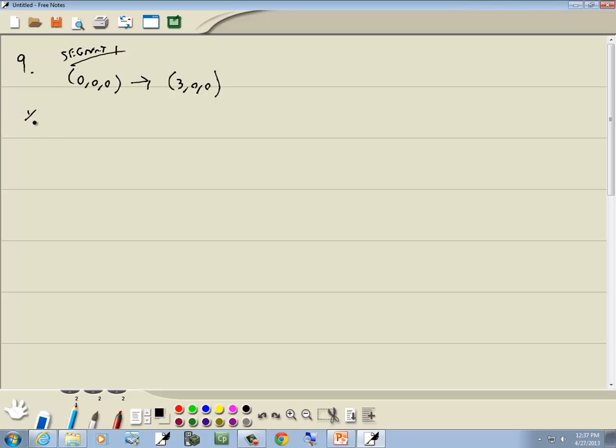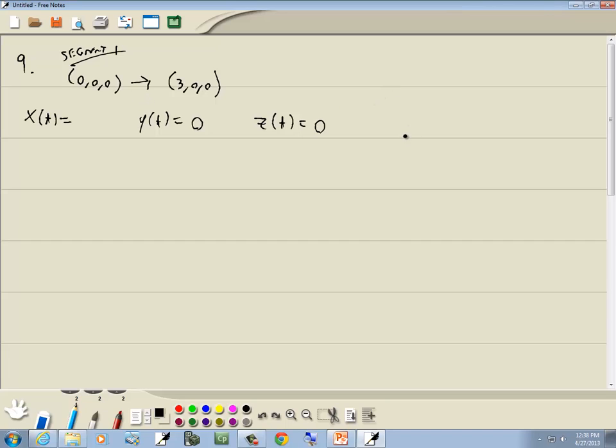Okay, well, this time we need to find x of t, y of t, and z of t. Well, some of these are really easy. See how the y values are the same? So y is just 0, and z value is just 0. So the x is the only thing we have to worry about.